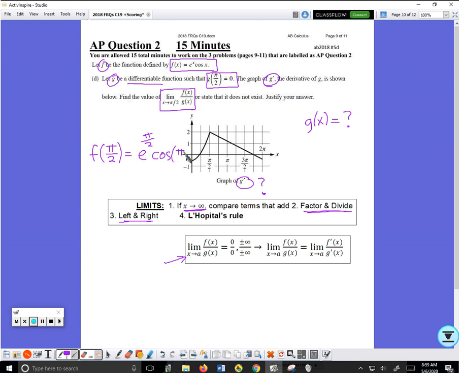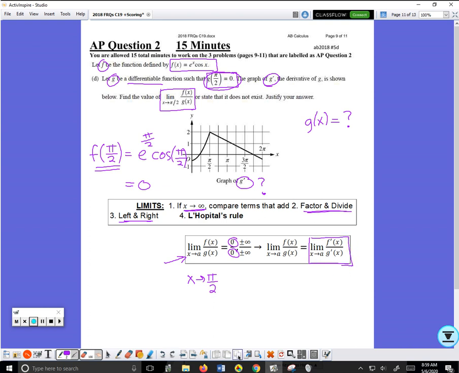Cosine of pi over 2 is 0. So it does appear that the limit as x approaches pi over 2 is going to get close to 0 over 0, because the value of f is getting close to 0, and they told me that the value of g was getting close to 0. So I'm going to use L'Hopital's rule and create a new limit problem.